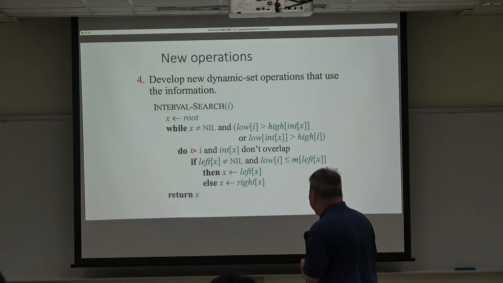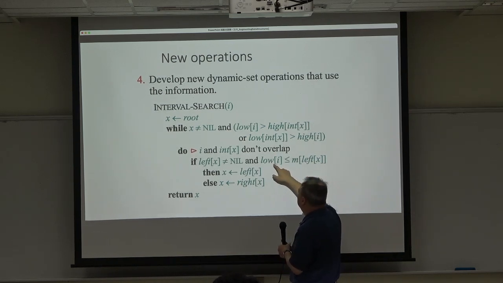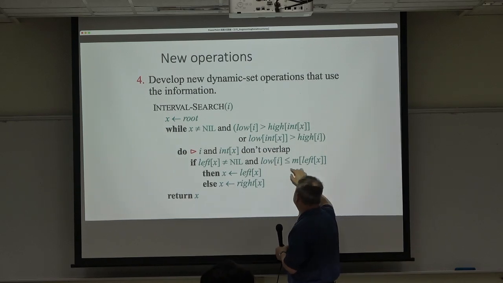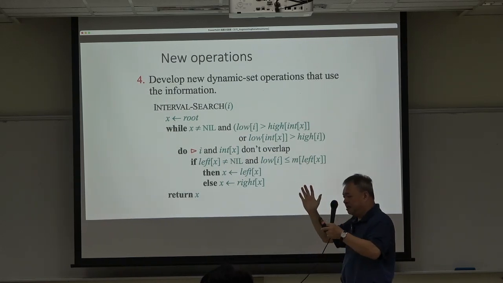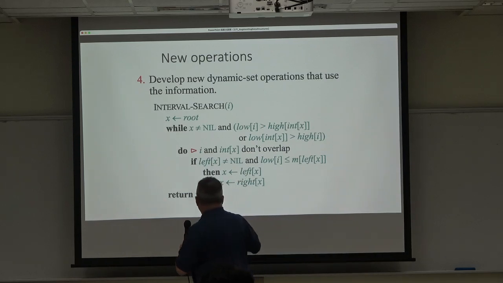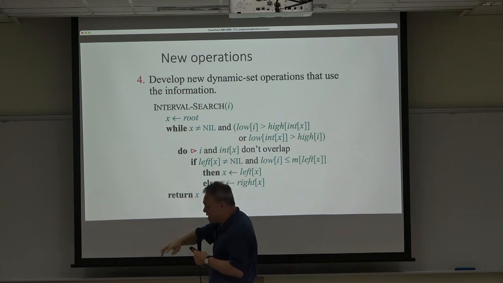So if left x is not nil, so the left child of x is not nil, and low I is smaller or equal to m left x, whatever the m value of its left child, is greater or equal to low I, the left endpoint of I, that means if there's any overlap, it happens in the left child, the left subtree.